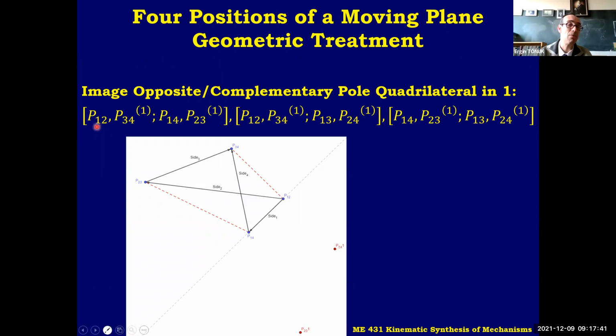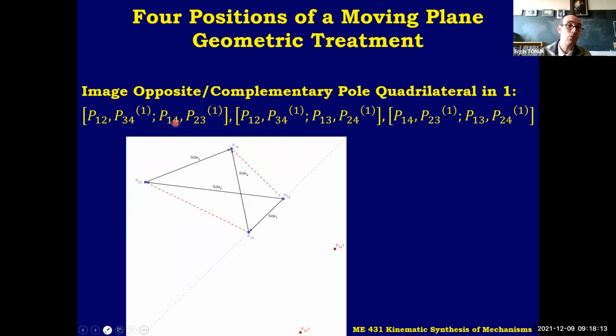So in between positions 1 and 2, its position does not change. But this is pole 3, 4. So it's a fixed point or it's a coincident point for positions 3 and 4. And it doesn't have a 1 in it. So in position 1, its location becomes this, or its location on the moving plane is this, okay?